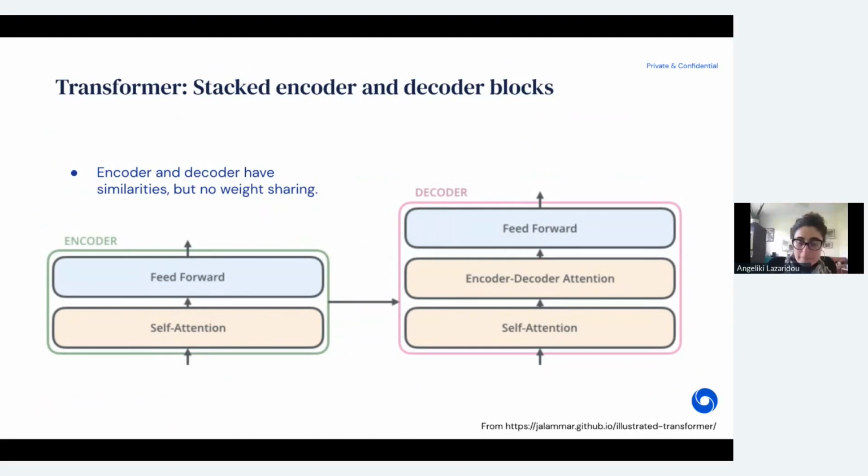And the very same thing is for the decoder, self-attention and feed-forward, with the addition of an encoder-decoder attention, so that the decoder can also attend to the encoder. Again, despite the similarities, there is no weight sharing. Encoder and decoder have their own weights for expressivity.